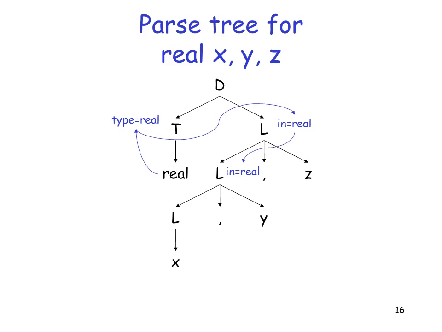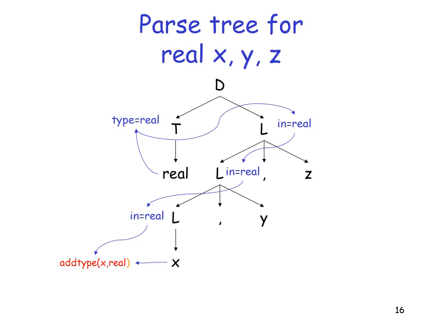Then coming to L gives L comma id, there it is inheriting from the parent node, so it will be having the real value. Again going to this L comma id, again the inherited attribute real. Then when coming to L gives x, it is similar to the rule L gives id.